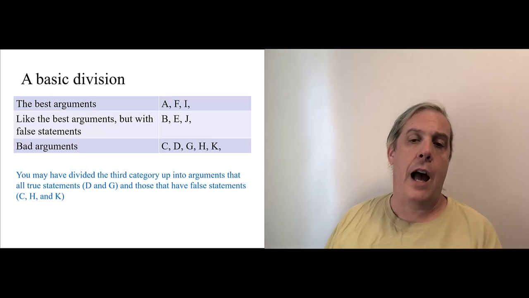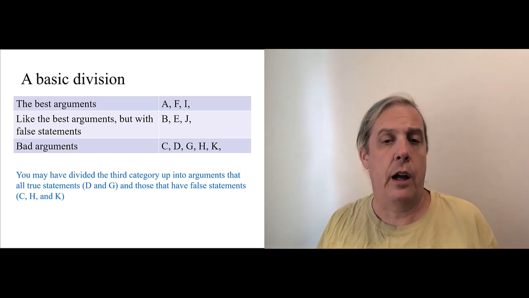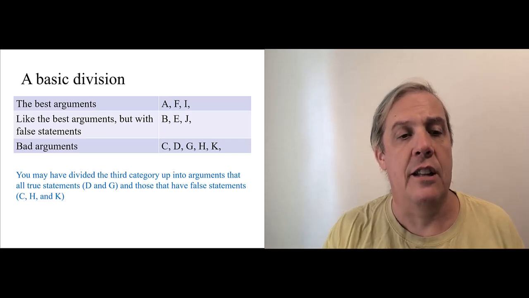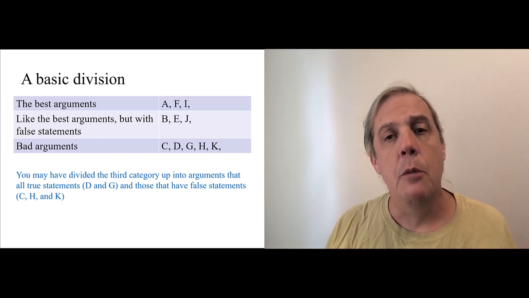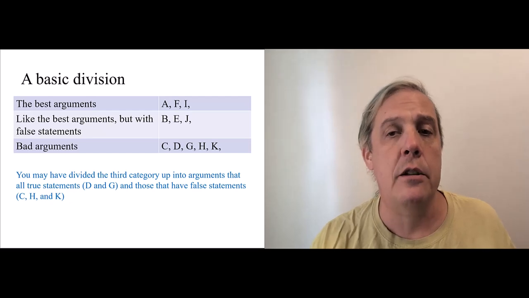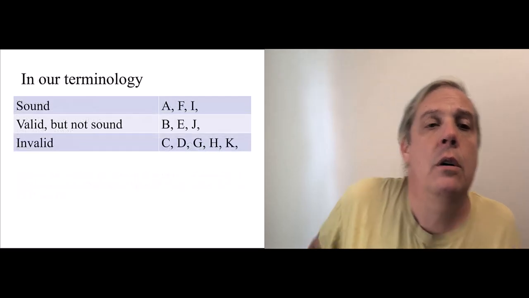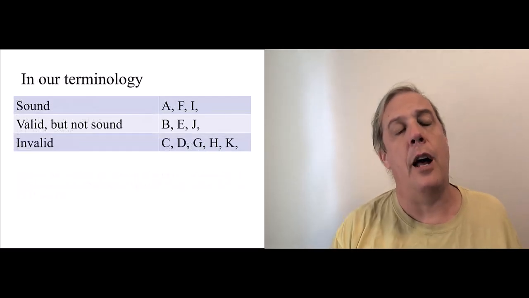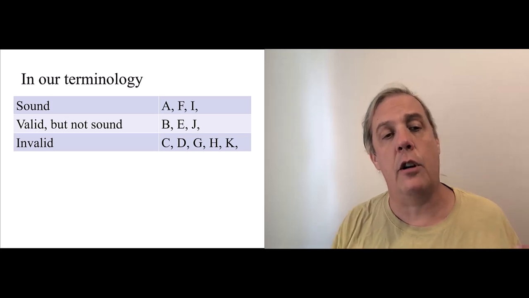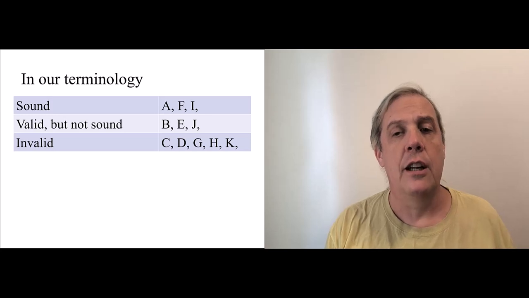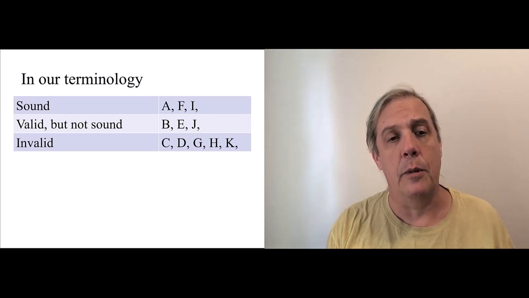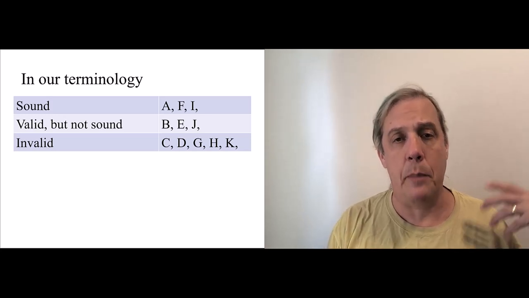That latter category we could divide further into arguments that had bad inferences and arguments that had false premises, but we're not going to do that. So the terminology from that was the idea of a sound argument, an argument that was valid but not sound, and an invalid argument. And that was the terminology that was introduced in the reading.